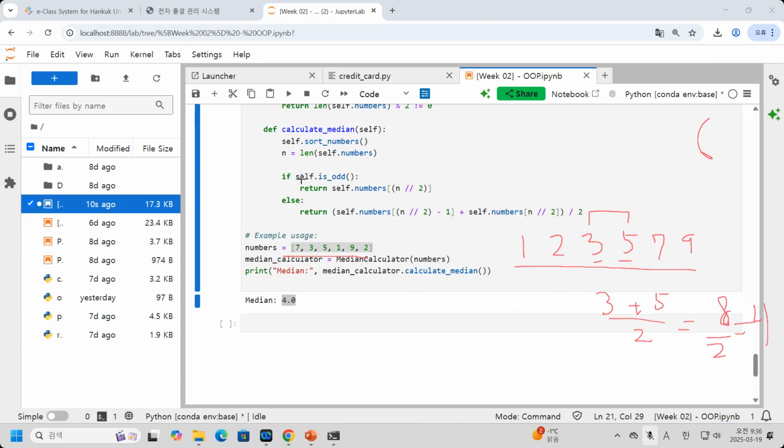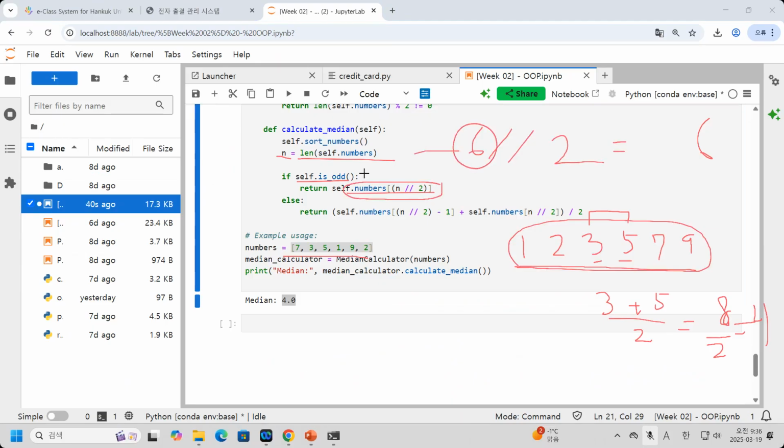So if it is an odd number, then we will do this n divided by 2 with the integer division, where n is the number of the data. Because the number of data is 6, 6 slash slash 2, the result is 3. But we will not do this one because 6 is an even number.